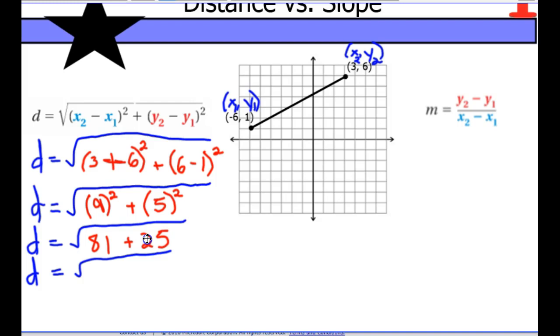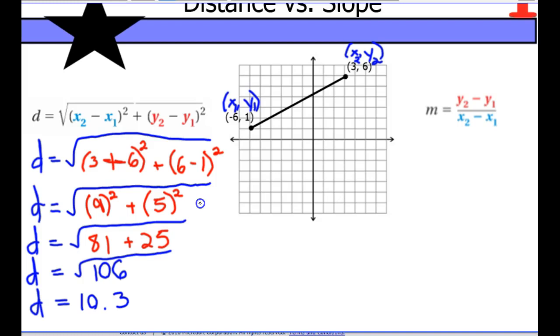We just need to add up 81 and 25, and we get 106. So we are finding the square root of 106. Now we have to put that into our calculator. The square root of 106 is 10.3 about. So the distance from this point to this point is 10.3 units.